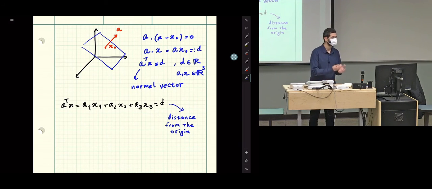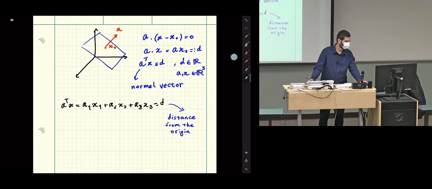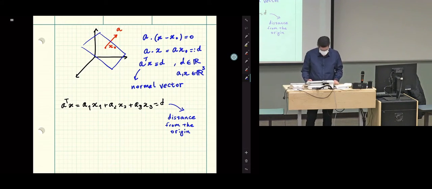We have a normal vector, and the dot product of it with any point must give us D. What does a point that satisfies this equation look like?